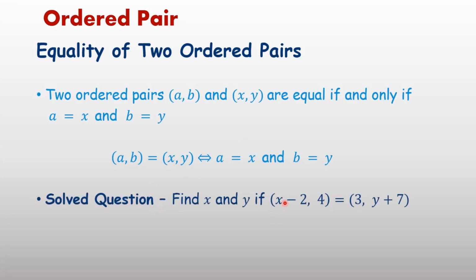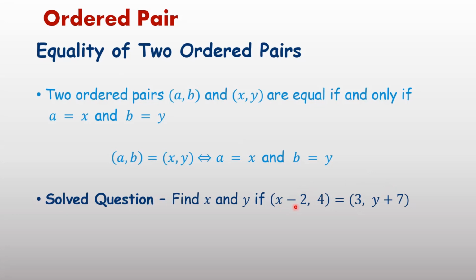One example is here. There are two ordered pairs (x minus 2, 4) and (3, y plus 7). Both ordered pairs are equal. You have to find the value of x and y. I hope you can solve this question easily. Since two ordered pairs are equal, the first component of the first ordered pair equals the first component of the second ordered pair, and the second component of the first equals the second component of the second.